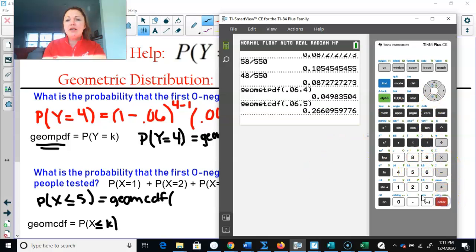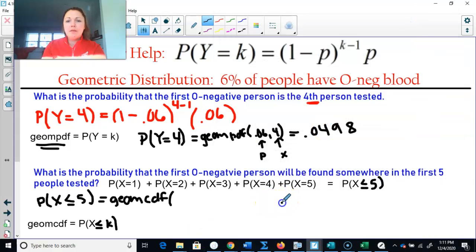We hit enter and we get 0.2661. Okay, so geom CDF of 0.06, comma 5 is equal to 0.2661, and we have P, and we have X.